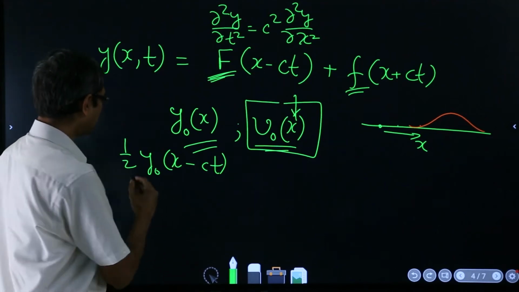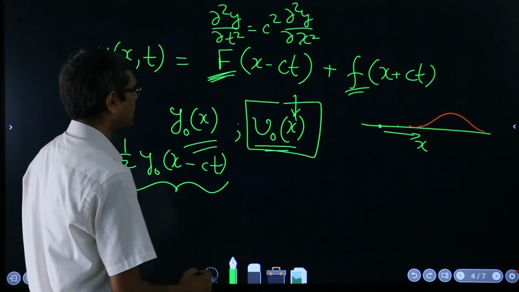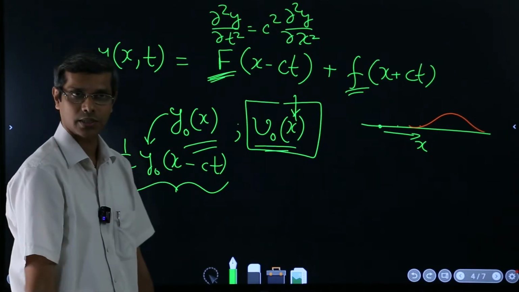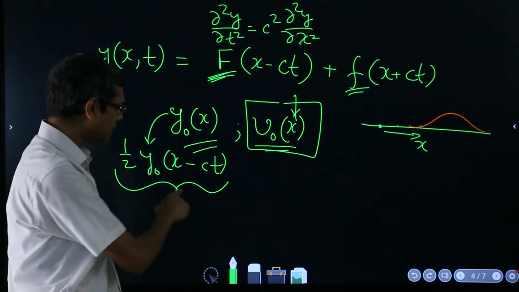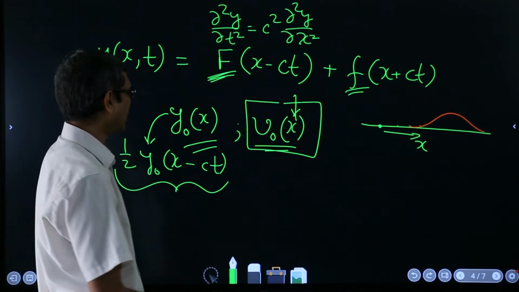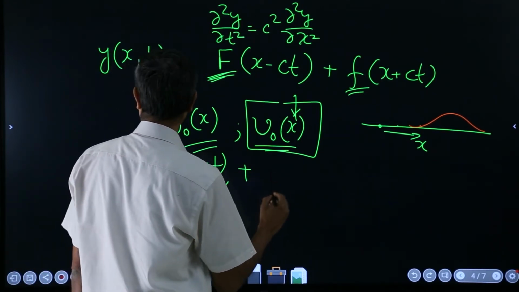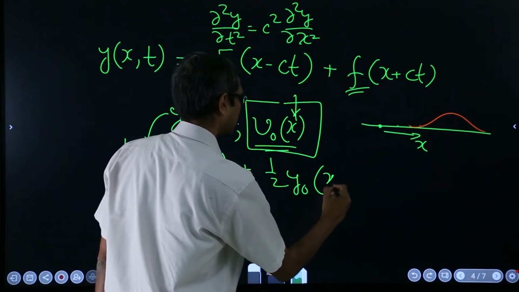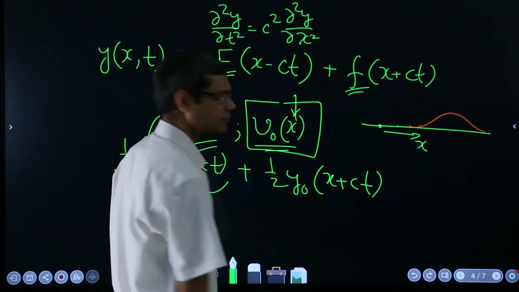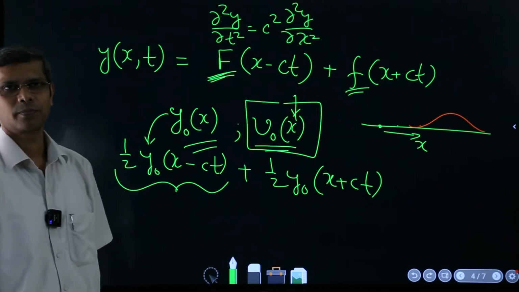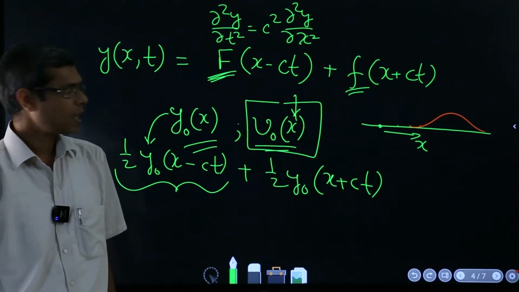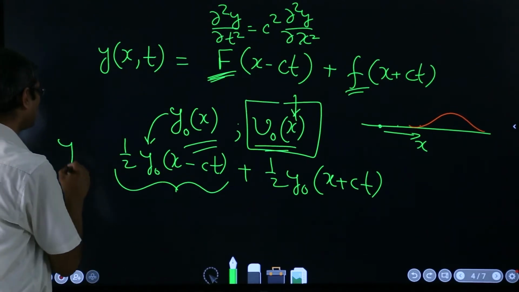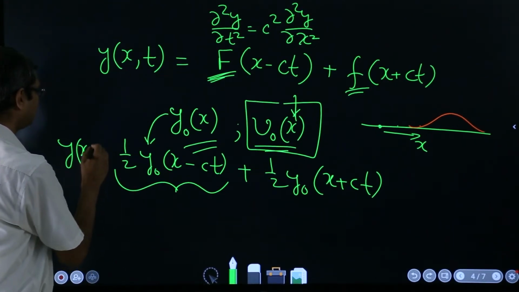So this is the part which has come from the initial condition of displacement, and it will start moving rightward, and exactly in the same way, plus half y naught of x plus ct. Agreed?